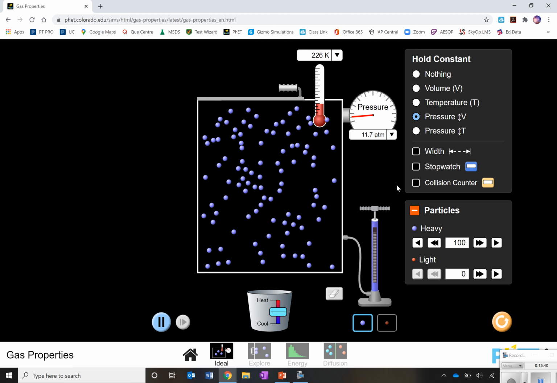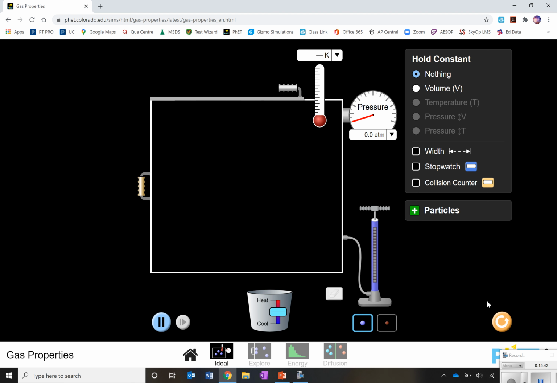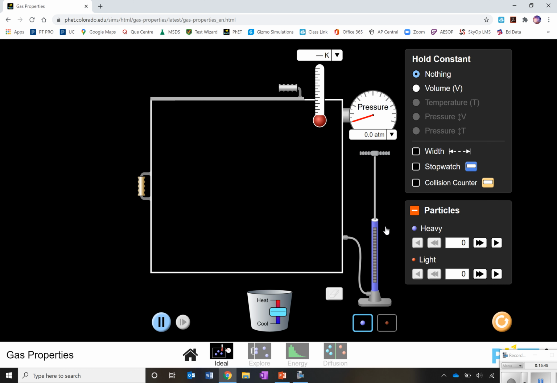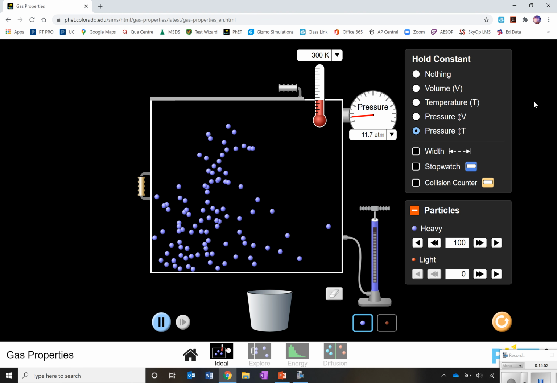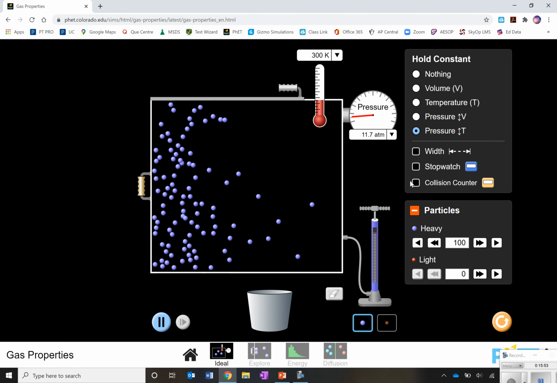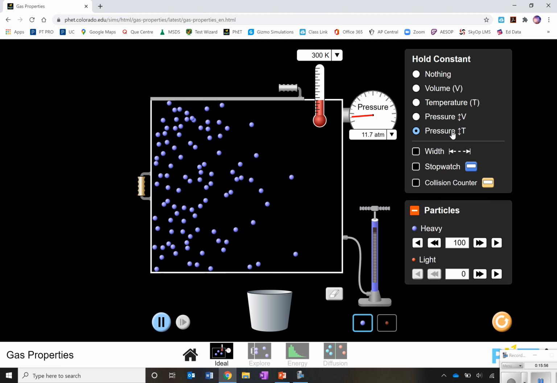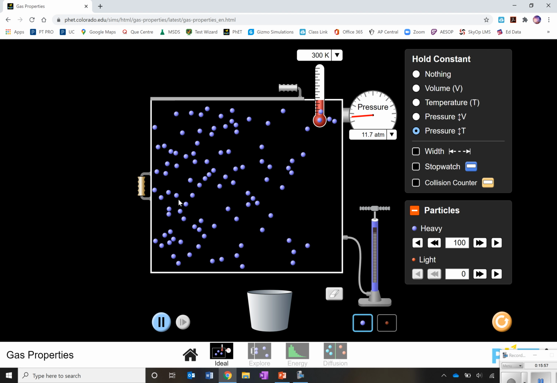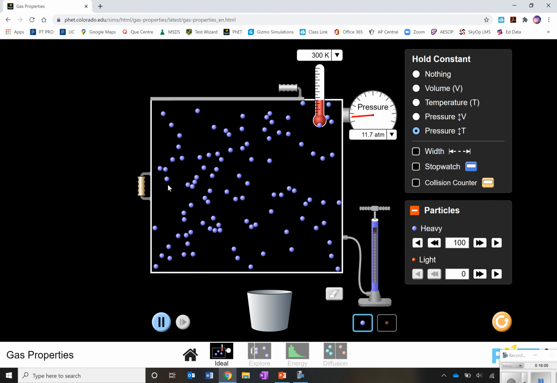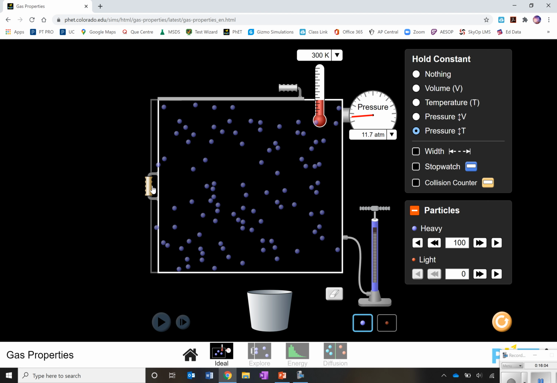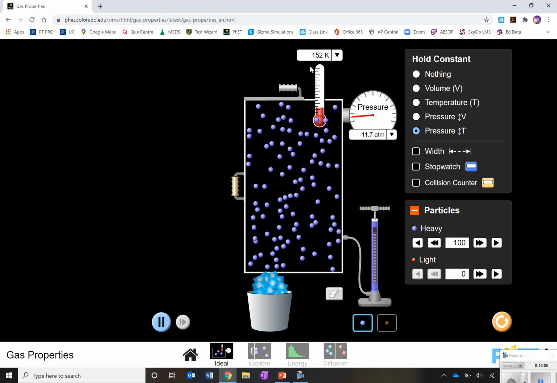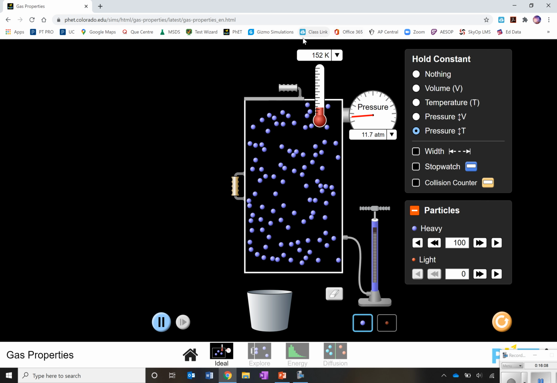Now, if we switch this, I'm going to reset this. We'll put the gas back in there. And we'll change this. Now we're going to hold pressure constant in regards to temperature. So now as we change the volume of this container, if we decrease the volume, we're going to see a corresponding change in temperature.